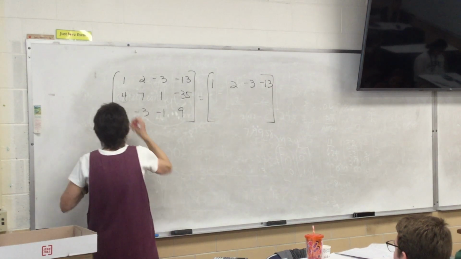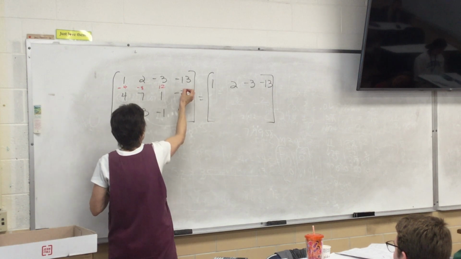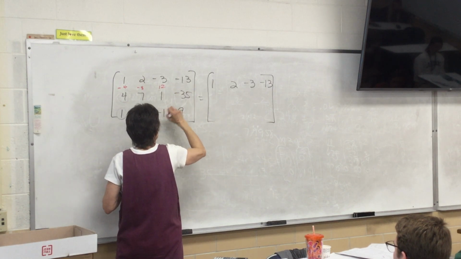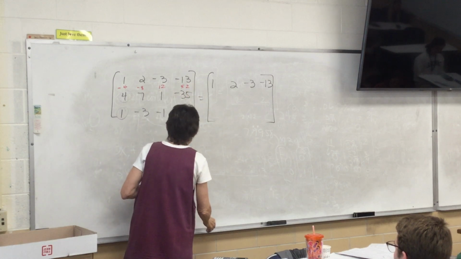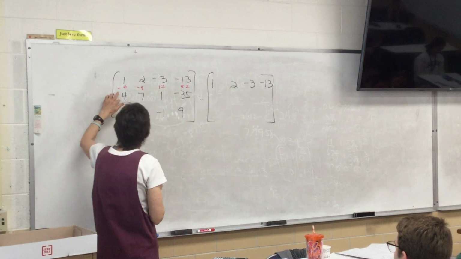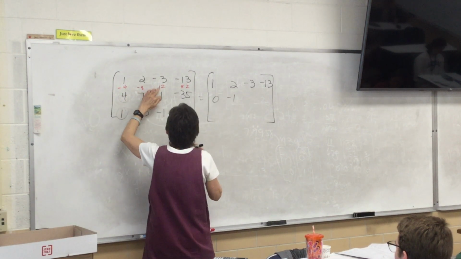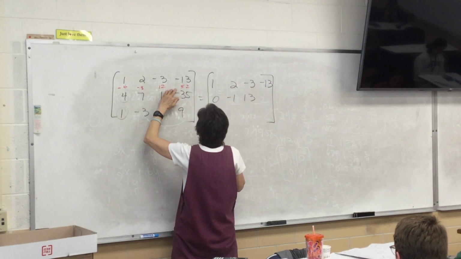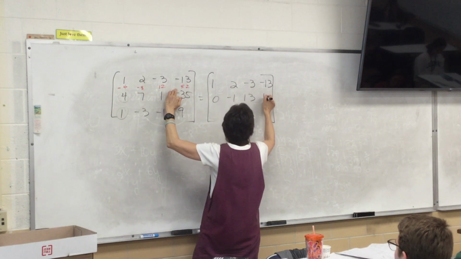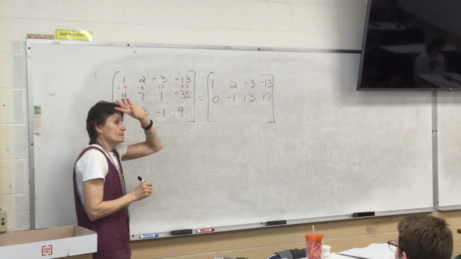So I guess I'll multiply the top row by negative 4. Check my arithmetic, please. So that gives me a 0 and a negative 1 and a 13 and a 17. Does that look all right?